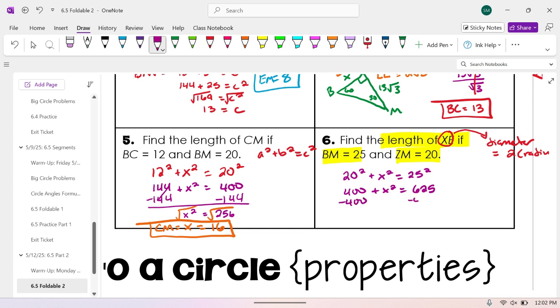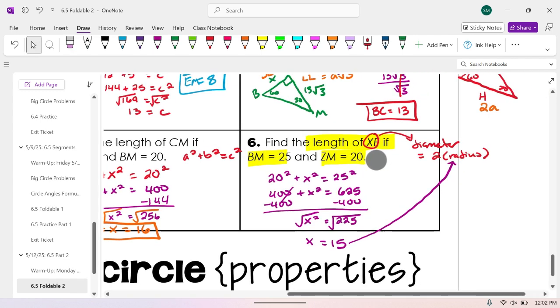Subtract 400. X squared is equal to 225. Square root both sides. Anyone know what the square root of 225 is off the top of their head? 15. So x is equal to 15. Now, that is the radius. So how do I find the diameter, or XE?